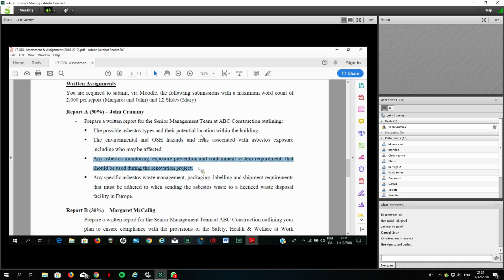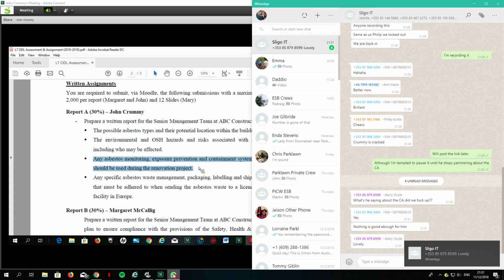That's the monitoring. Then exposure prevention. You'd be looking at putting in a variety of things, which will include containment systems such as a sealed negative air pressure enclosure with HEPA filters, a 3-stage airlock, and a decontamination unit, which is for containment.